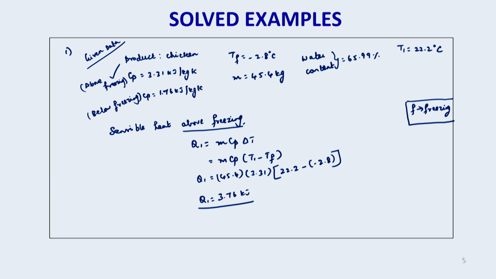If you see the unit of M Cp delta T, M is in kg, specific heat in kilojoule per kg Kelvin, and temperature in degrees centigrade or Kelvin. Anyway, it's a difference in temperature, so the Kelvin gets cancelled, the kg gets cancelled, and we get the unit as kilojoule.